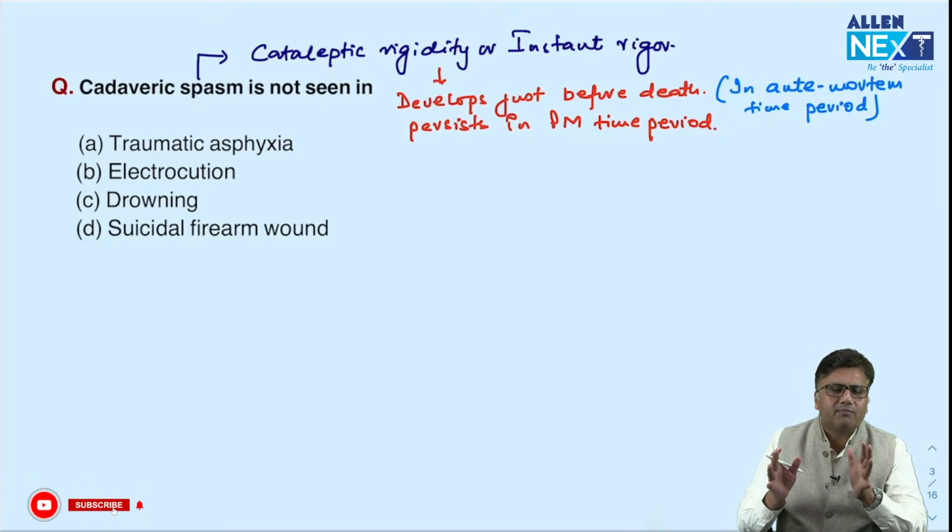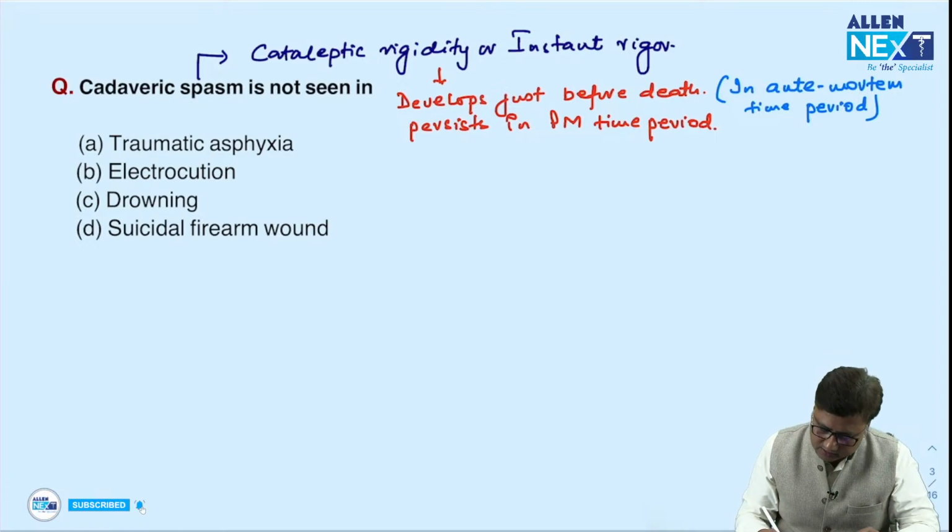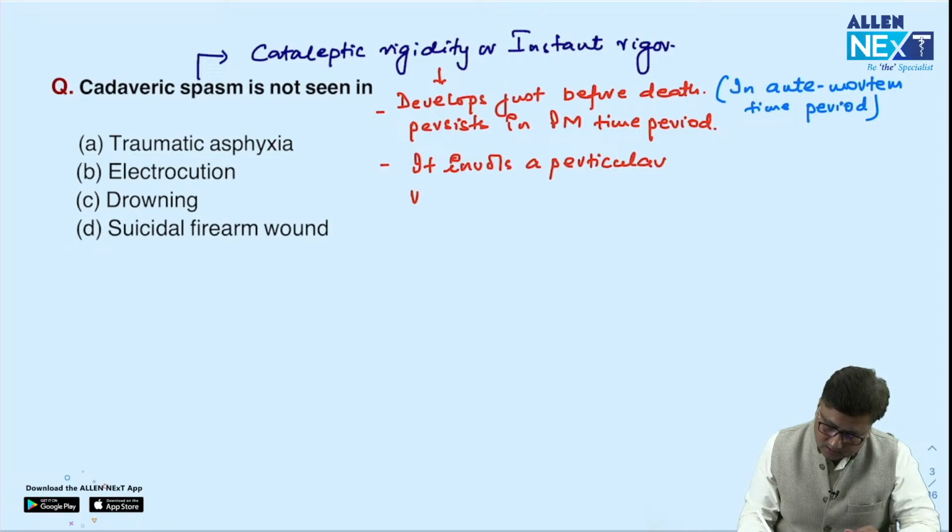or perimortem time period just before death, is it involves a particular voluntary muscle of the body.